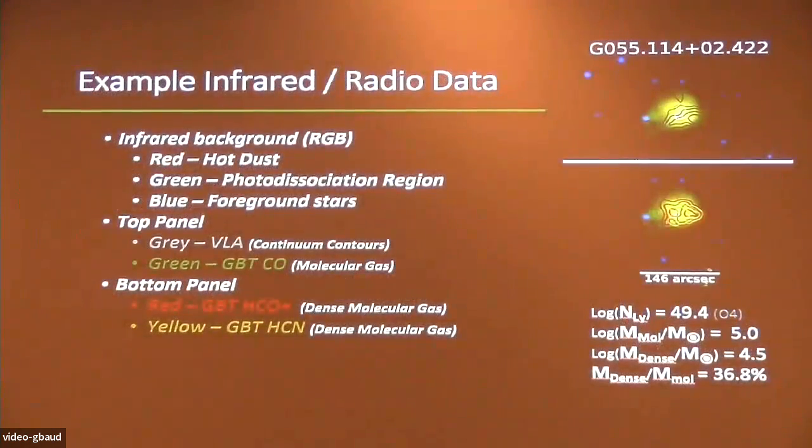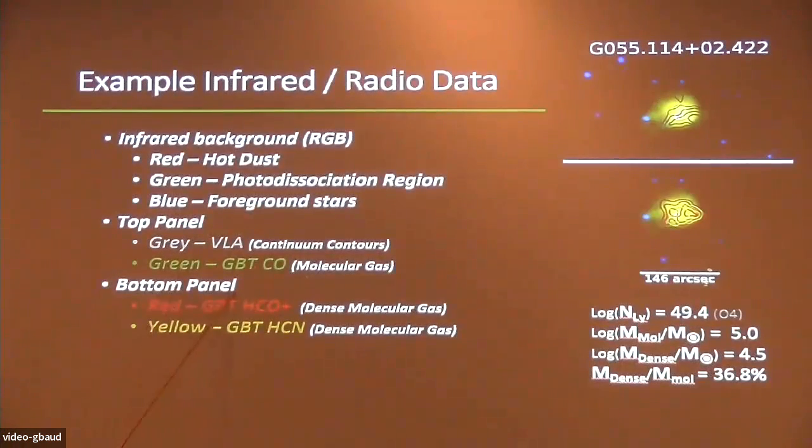So here is a picture. The legend is there. On the top panel, the gray represents some VLA data, so it's a continuum contour. I'm not sure you can see it right there.